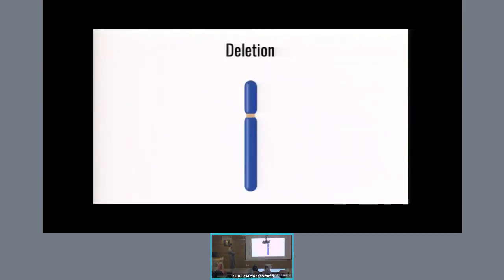Deletion is where a section of the chromosome in that cancer cell is removed or lost, and it's disappeared completely. And whenever we say that, we normally refer to it as a deletion of the chromosome and a specific portion of the chromosome. So a deletion of 13 chromosome, or 13q deletion, or deletion of 17p.